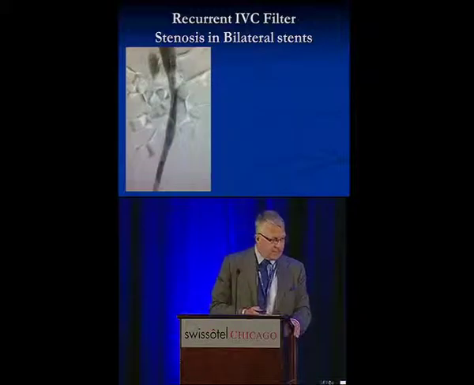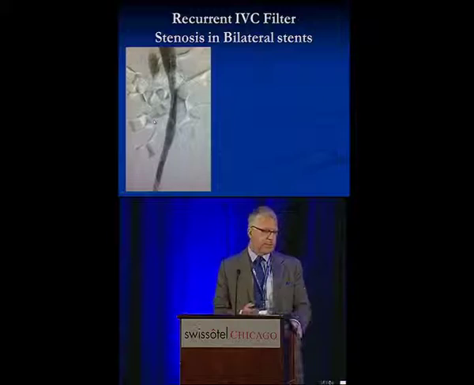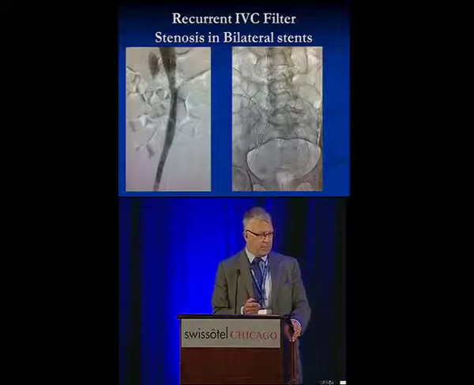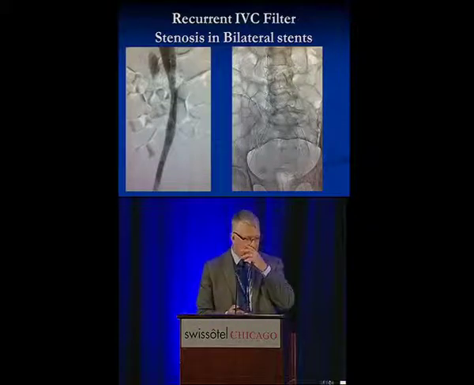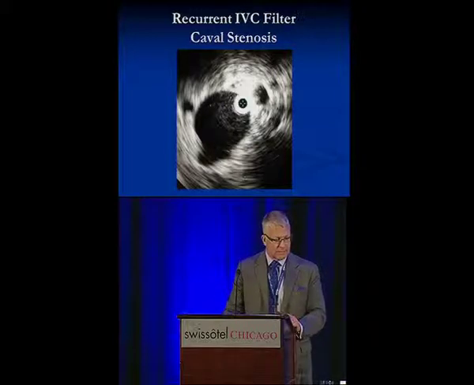Here you can see a static image of the stenosis. Really a little bit hard to tell on cavography. Here you can see what the stenting pattern was. I don't believe I did that, but that was, I felt, somewhat unfortunate, and we'll address that in another talk about bifurcation stenting. Here's the IVUS of the same area now.